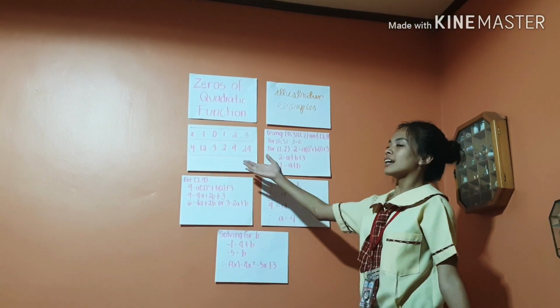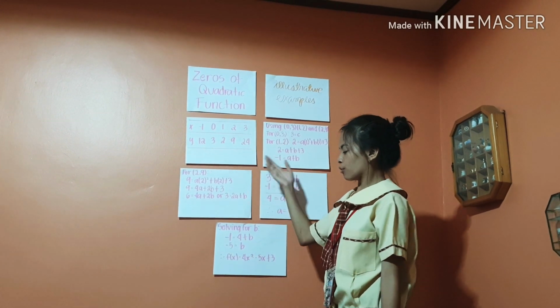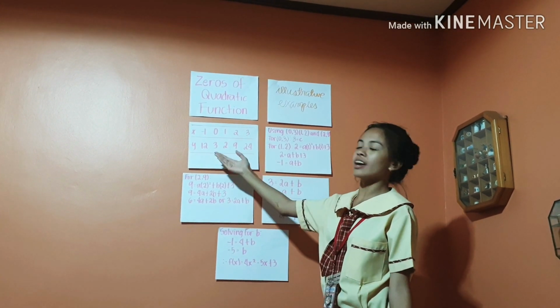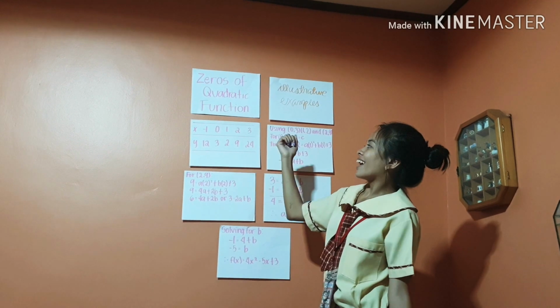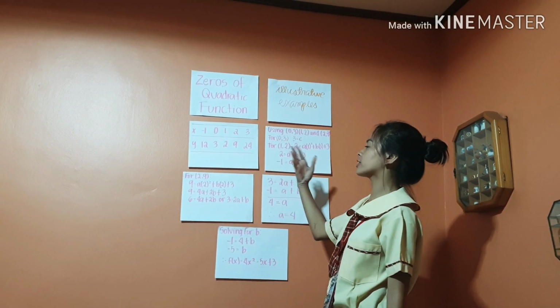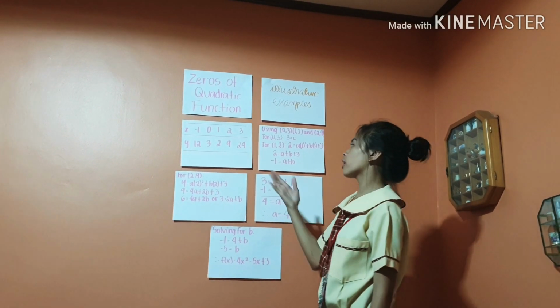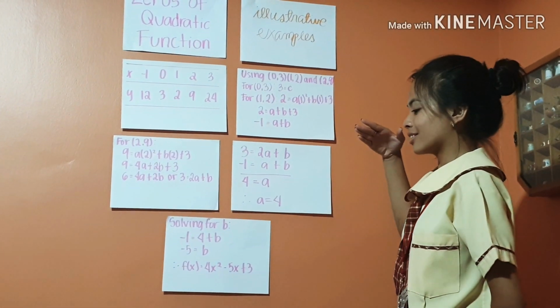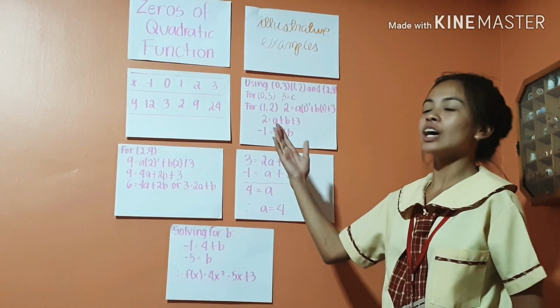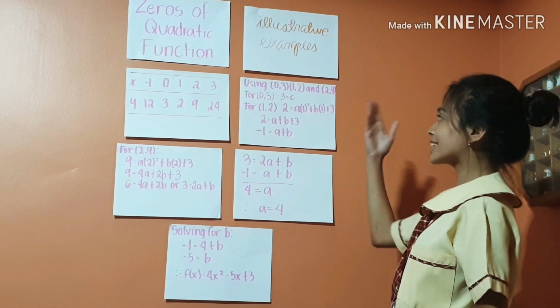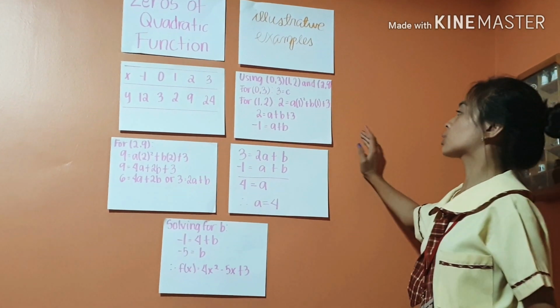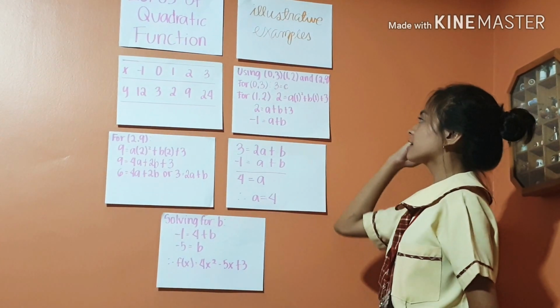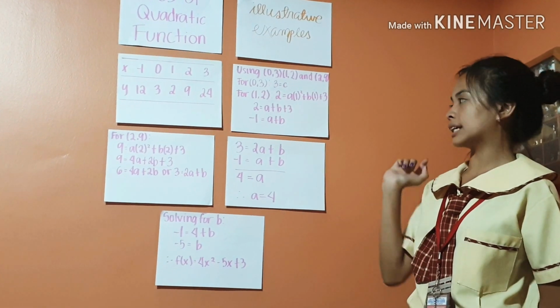In the third case, a table is given with the values x and y, where x are negative 1, 0, 1, 2, and 3. And the y's are 12, 3, 2, 9, and 24. For the easier case, using (0, 3), (1, 2), and (2, 9). For (0, 3), 3 is equal to c.